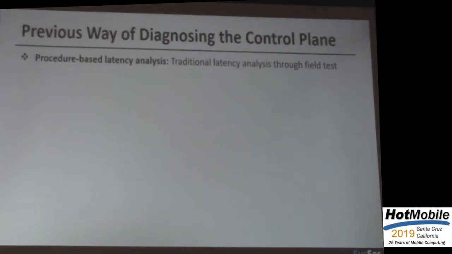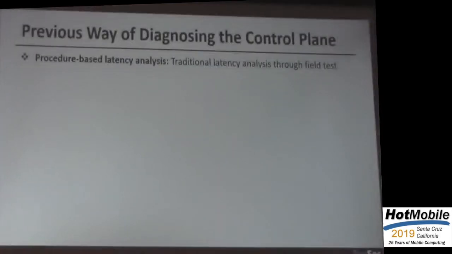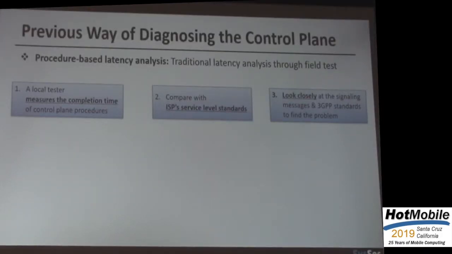When it comes to control plane diagnosis, a traditional way is latency analysis through field tests. First, a local tester measures the completion time of a control plane procedure, then compares it with the operator's service level standard. And lastly, operators look closely at the signaling messages and the standard to find the problem.